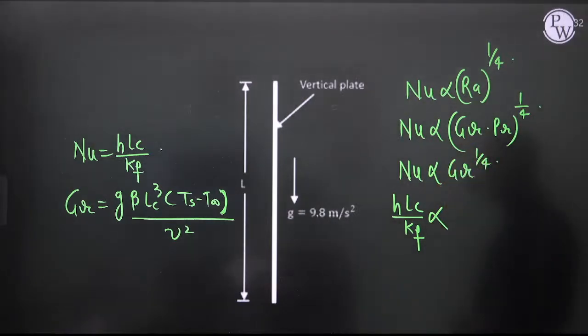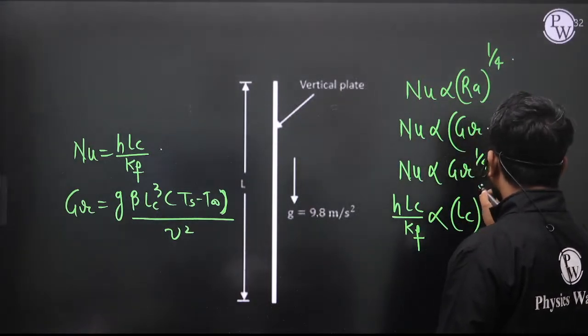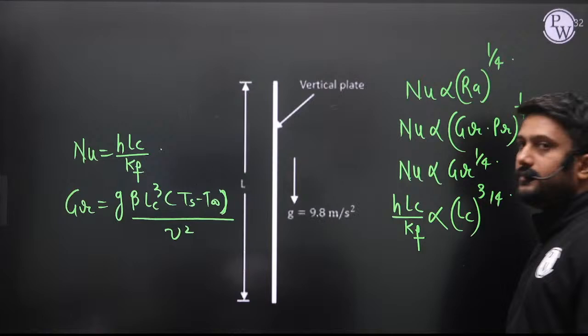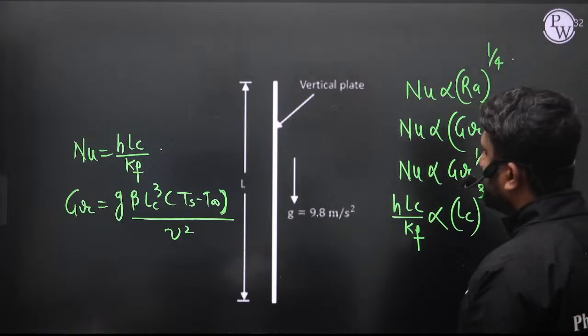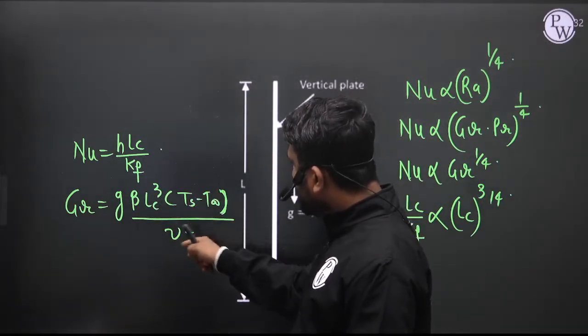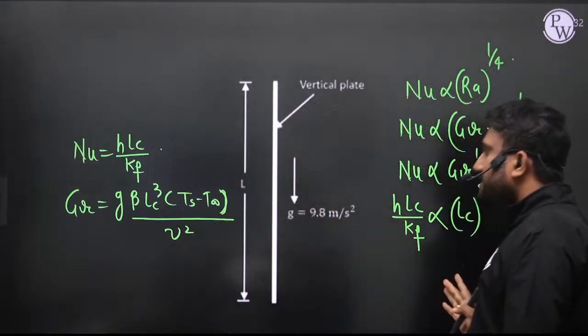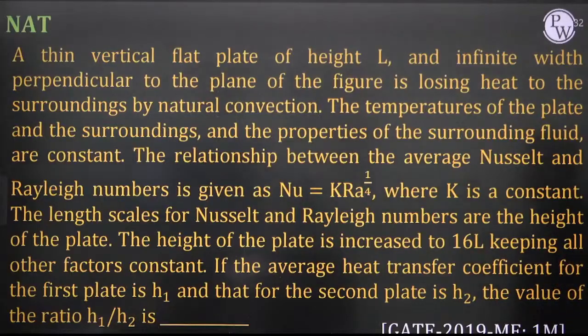Remaining parameters are constant except Lc, so this is Lc to the power 3 by 4. Correct? Because g is constant, beta is constant, the others are constant. The only change occurs in Lc, initially Lc is L, now it is 16 times L.